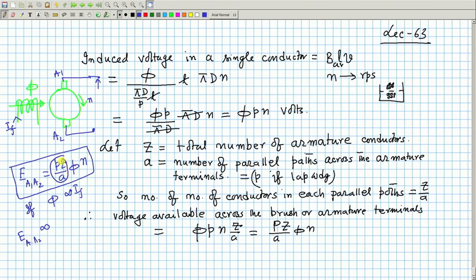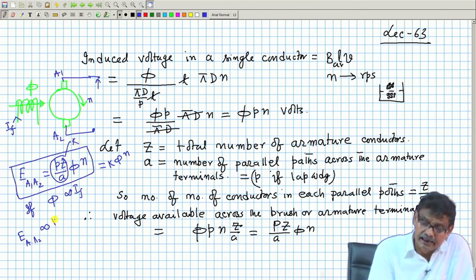Once the machine has been manufactured, the number of poles, Z, A are fixed, you cannot do anything with that. So, it is sometimes written like this, machine constant K phi n, where K is this, and generated voltage can also sometimes be written with this K and this phi with some constant, say K dashed, into IF into n, if it is a linear magnetic circuit.